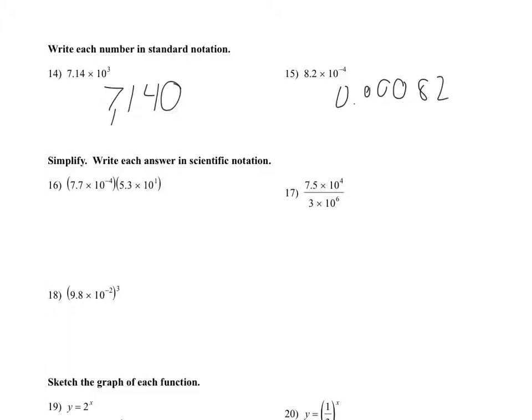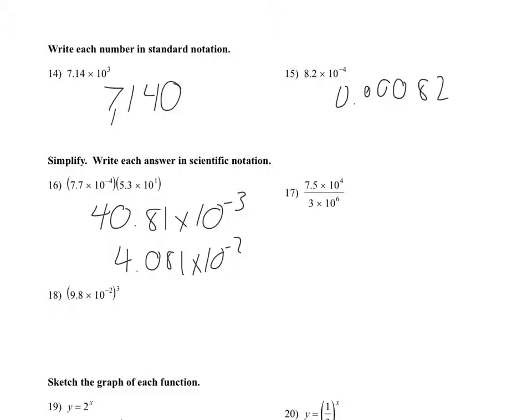Not going to take the time to figure out what that is. Okay, now these here simplify. 7.7 times 5.3 comes out to 40.81, and then if we go times 10, combine the exponents, I get -3, but that's not in scientific notation, so we'll bump that forward. So I get 4.81 times 10 to the -2nd.